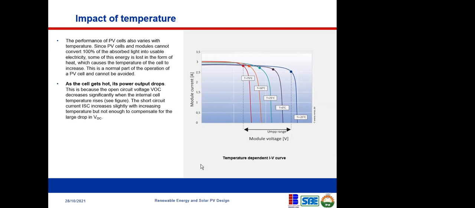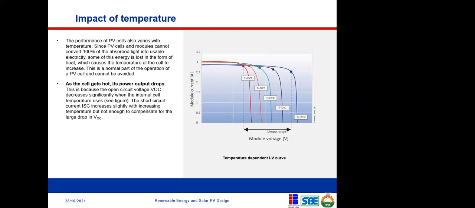Now, let us look at it in the diagram. This is voltage on the horizontal axis. This is current. Along this path, you're going to see different temperatures. This is 75 degrees centigrade. This is 50 degrees centigrade. This is 25. This is 0. This is minus 25. You can see how this temperature variation is affecting the change in voltage. So change in temperature affects voltage, while change in solar irradiation affects current.